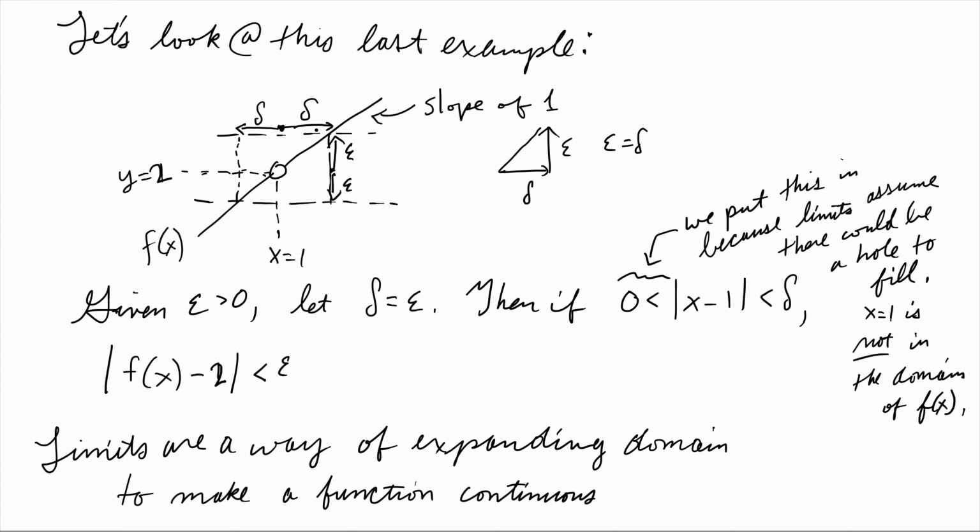Now, in this fuzziness, we actually remove a point. We account for there being a hole. We don't want to assume that x has an image at 1, which would in particular be 2, if it were continuous. We don't want to assume that. We want to assume that there's a hole there when we're talking about limits.